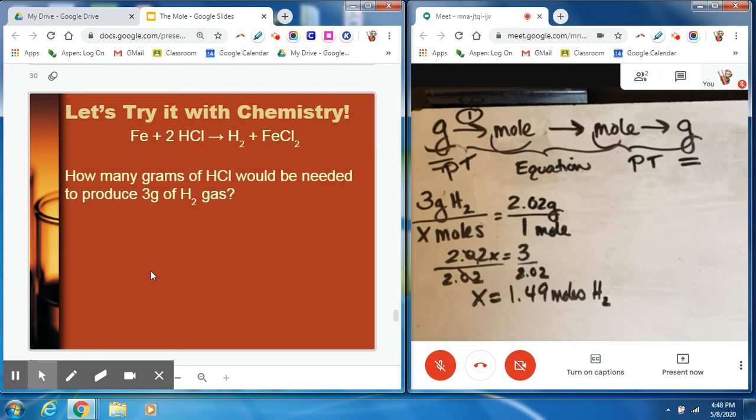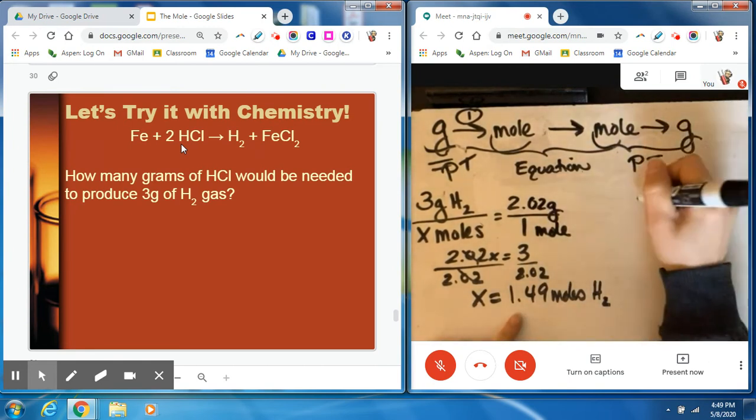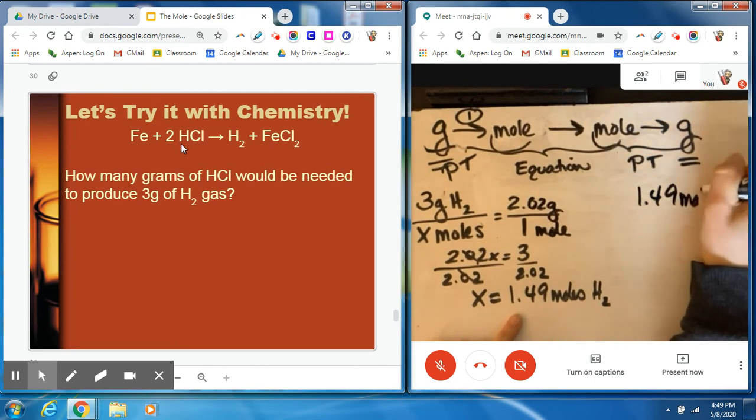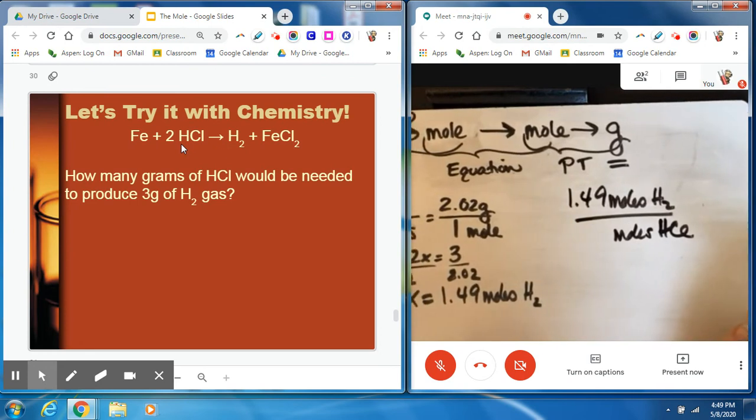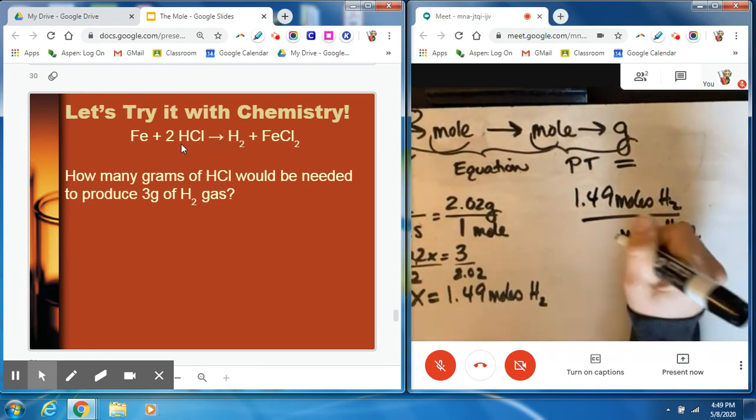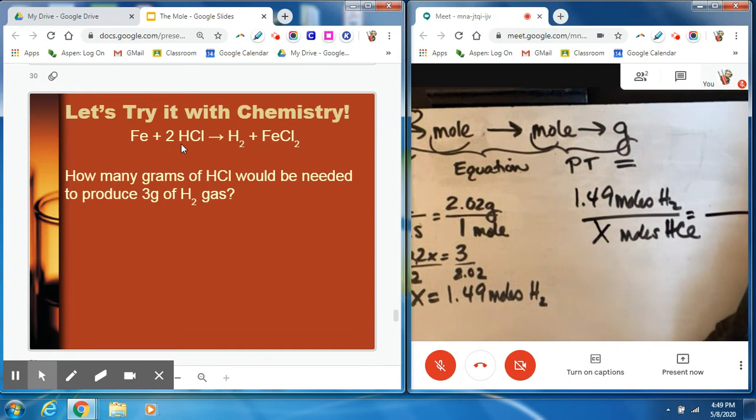So, we know now that we have 1.49 moles of hydrogen gas. How many moles of HCl does that mean that we are going to produce? So 1.49 moles of H2, and we know that the relationship between moles of H2 and moles of HCl from our chemical formula is a 1 to 2 relationship.